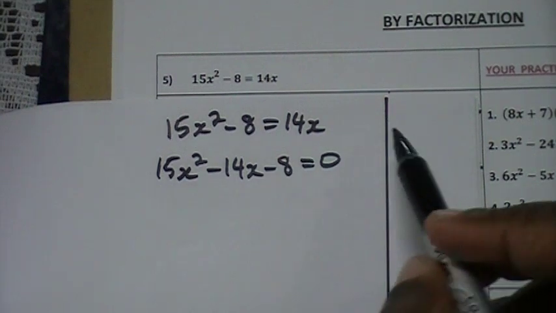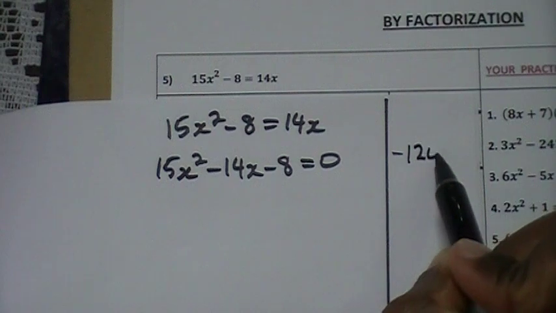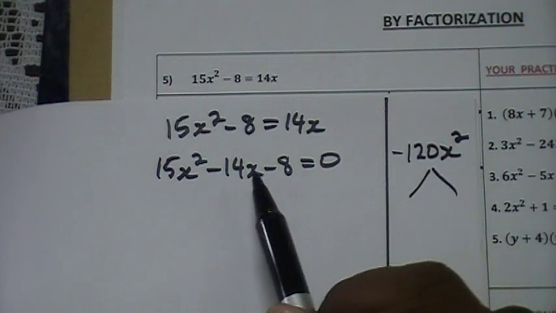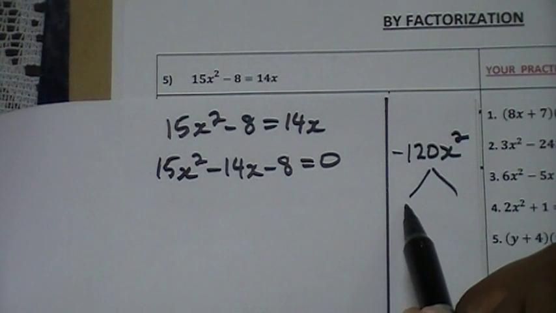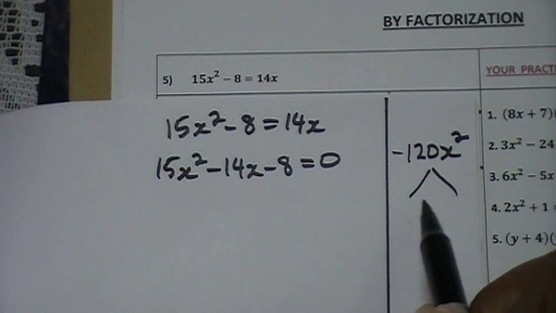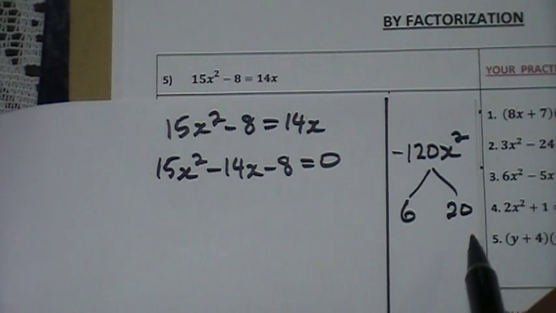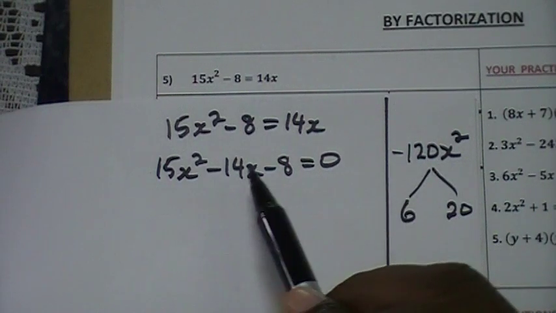Multiply first by the last will give us negative 120x squared. The two factors that will give us the middle term would be 6 and 20. 6 times 20 gives us 120. The difference between them will give us 14.